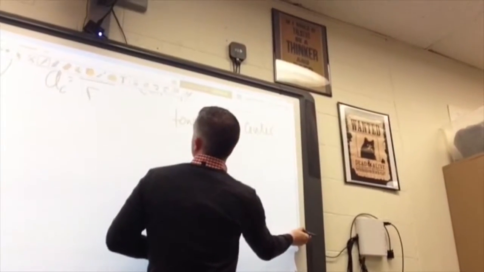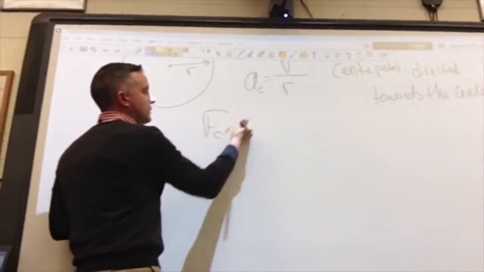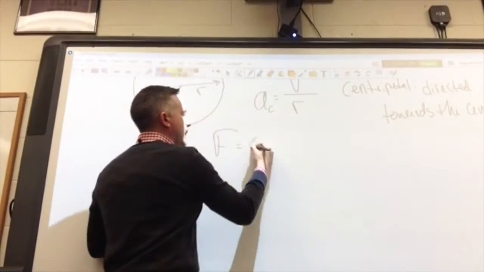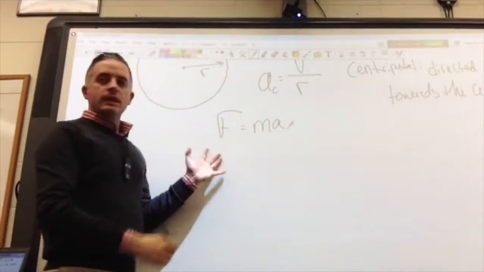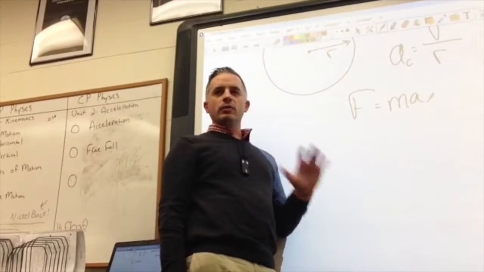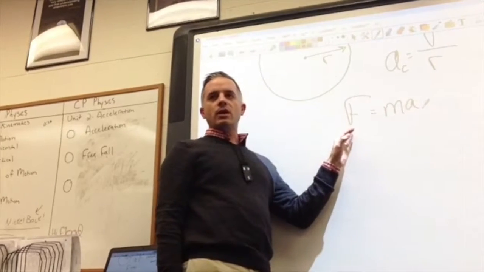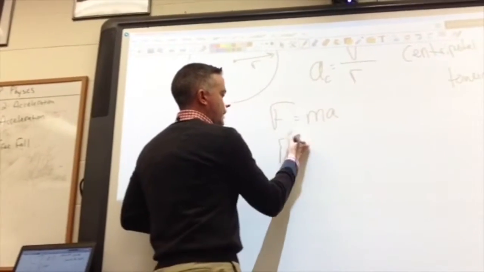Okay? So good old Newton's second law sticks. Works no matter what, whether you're moving in a circle or straight line or curved line, no matter what it is, Newton's second law works for us. Okay?